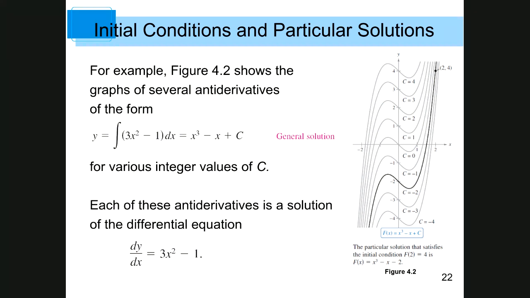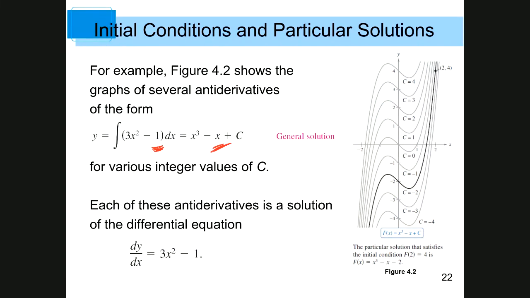Let me give you this example. Let's say now I give you something a little bit more complicated. I want you just to find the function. The integral of 1 is just x, because if I differentiate x it gives me 1.